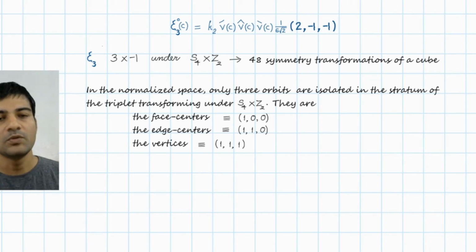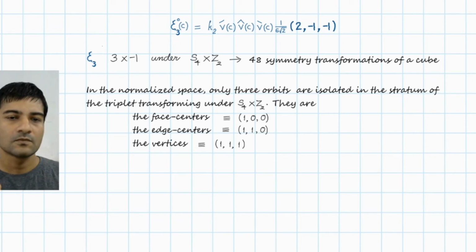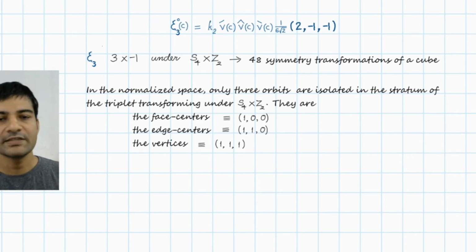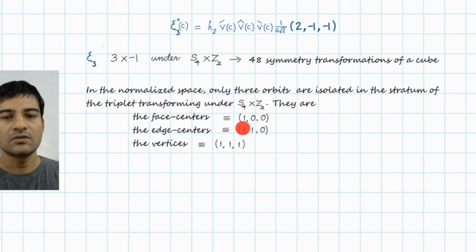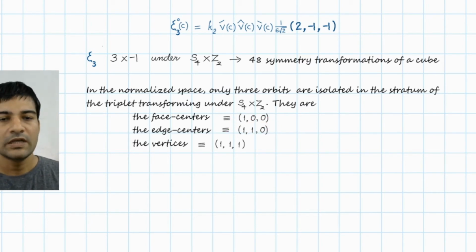This can be proved. These orbits are face centers of the cube, which consists of points such as 1, 0, 0, edge centers of the cube consisting of points such as 1, 1, 0, and vertices of the cube, which are points like 1, 1, 1.